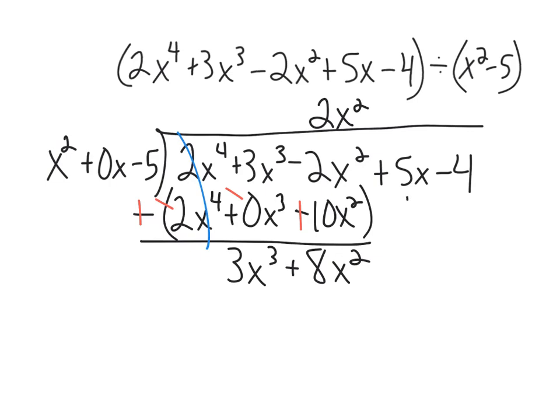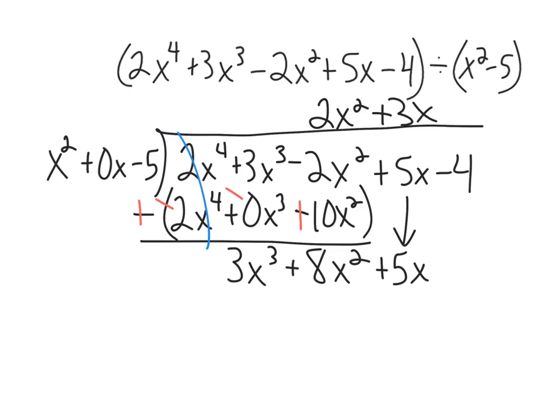Normally we go ahead and bring down the next term, so we can go ahead and do that, bring down the plus 5x. And then we're looking at these first terms again, so looking at the x squared, looking at 3x cubed, we'd have to multiply by 3x to get that to work.